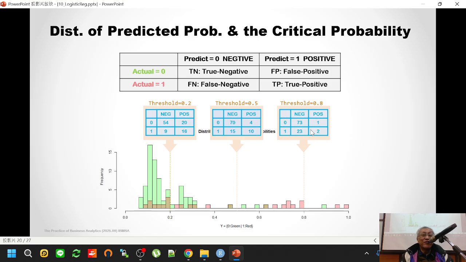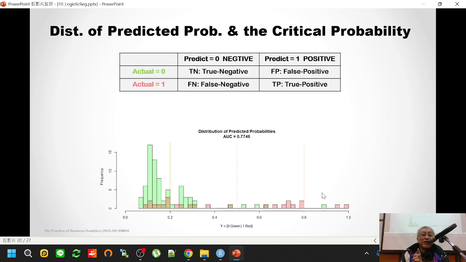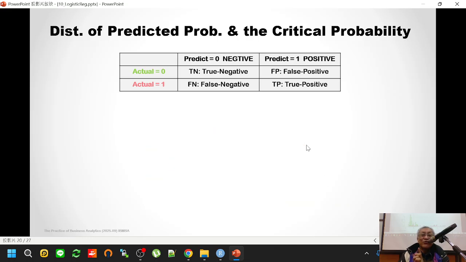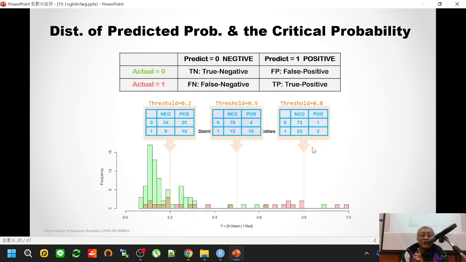For example, if I change the threshold from 0.5 to 0.8, the larger the threshold is, the fewer positive cases there are. Because the way that we distinguish positive and negative is that above the threshold, we will predict positive, and below the threshold, we will predict negative.